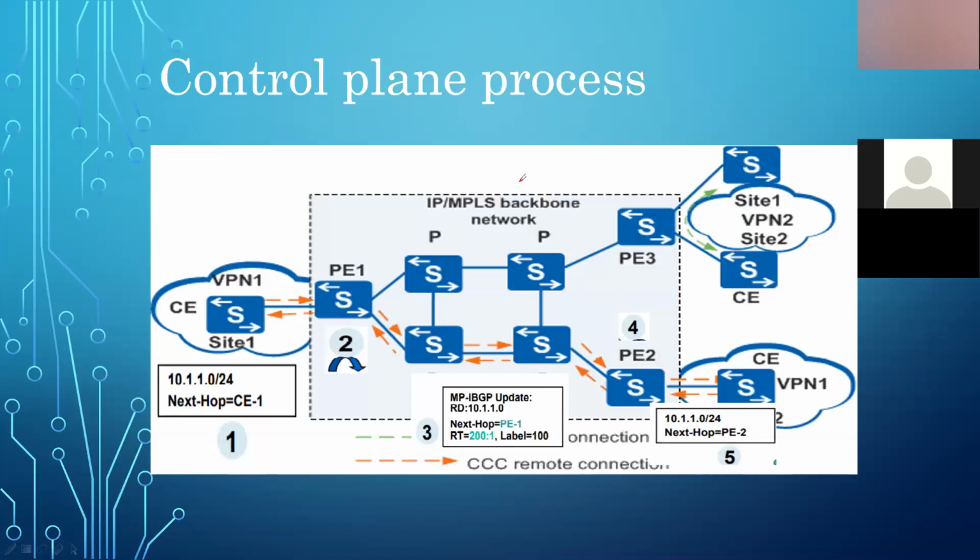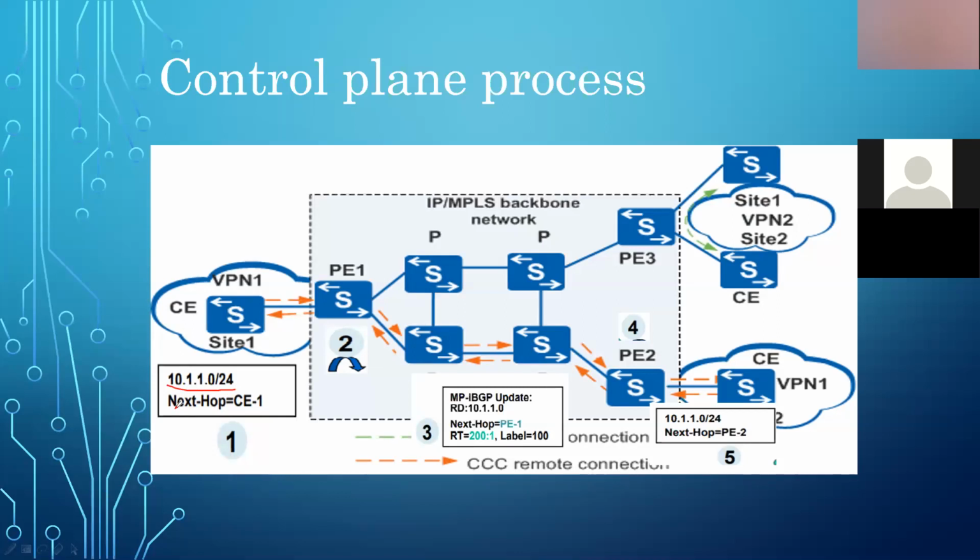And here is how the control plane is going to work. There is this site CE, or customer edge 1. It has this IP address. That means this is its private IP address, and its next stop is itself.